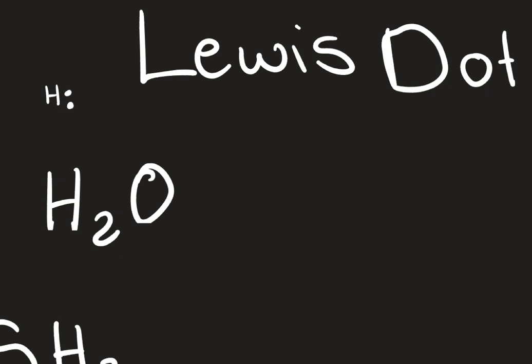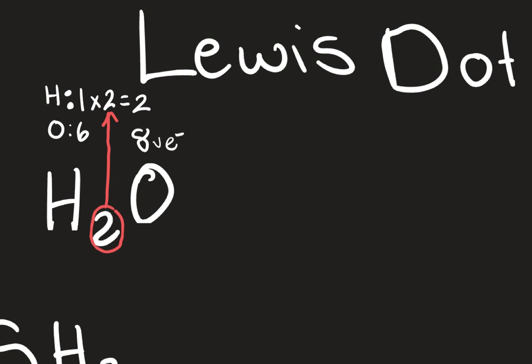Hydrogen has 1 valence electron, and I have 2 hydrogen atoms, okay? So the subscript means I have 2 times 1, which means I'm going to have 2 valence electrons from hydrogen, and then oxygen has 6. So then I'm going to have a total of 8 valence electrons in my structure.